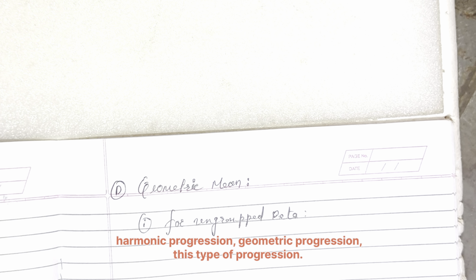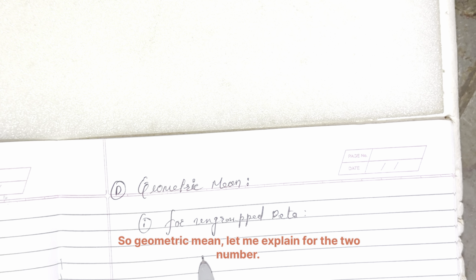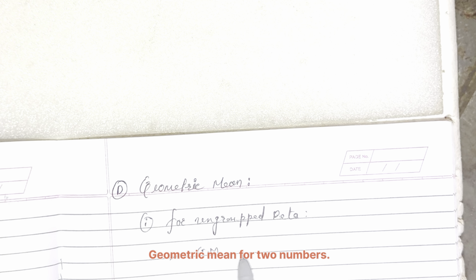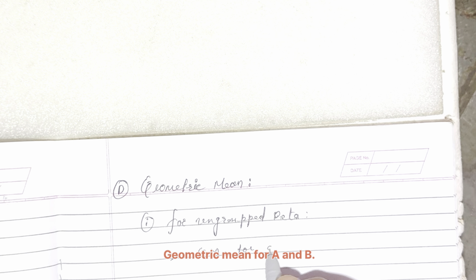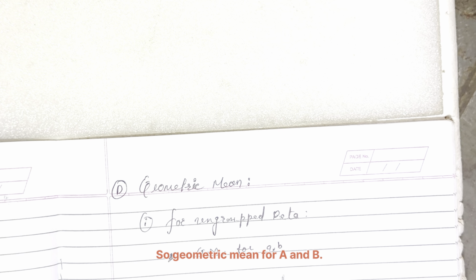There you learned geometric mean for two numbers. So let me explain geometric mean for two numbers, A and B. I consider A and B to be the two numbers.